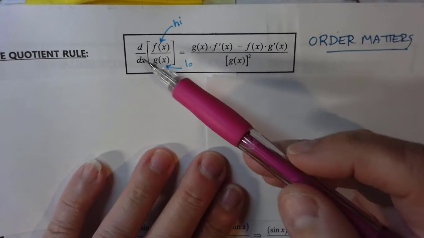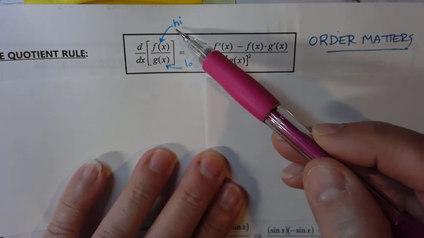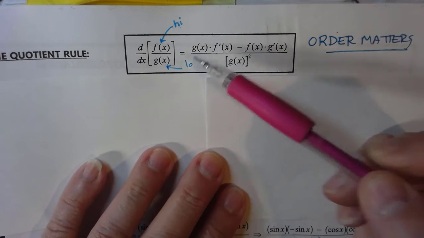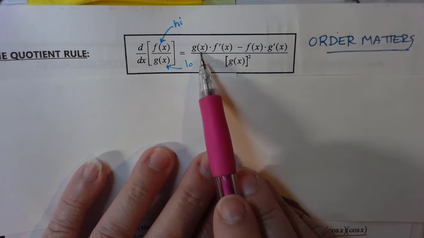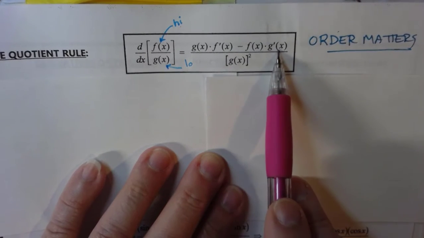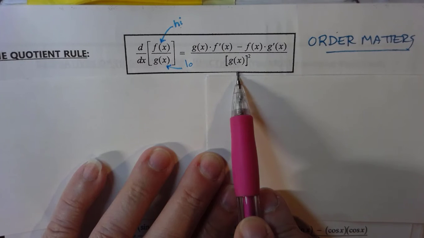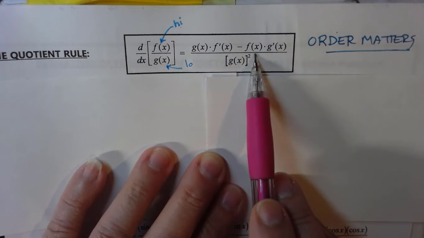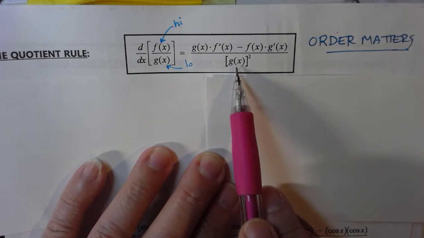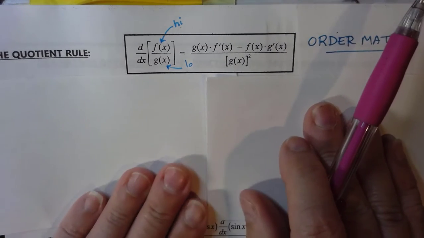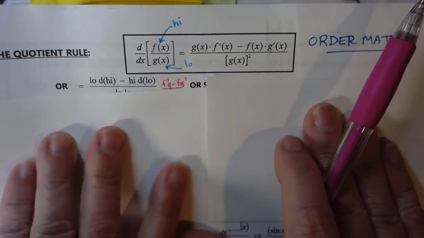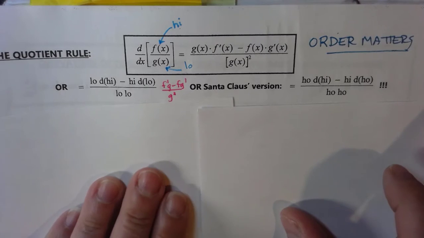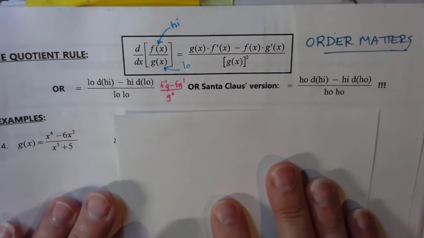So going back to thinking about my quotient as a function that's on top, so high, over the function that's on bottom, or low, we have low d high minus high d low over low low. That's the low function times the derivative of the high function minus the high function times the derivative of the low function over the low function squared. Or Santa Claus's version would be ho-de high minus hi-de ho over ho-ho. La la. All right, let's use that rule.